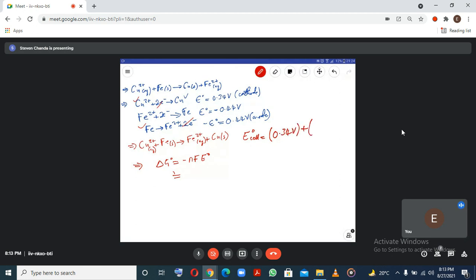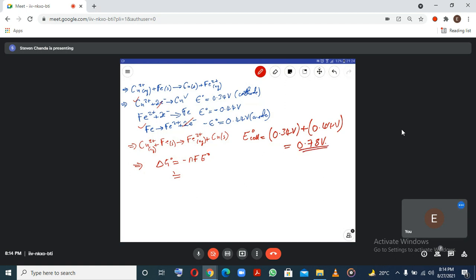So you can do the adding. Anyway, we discussed this in the previous videos, so let's just write the values. In case you're not clear about how to find the E cell, you can check the previous videos. But on what we are focusing on, in case you're not sure, you can ask.